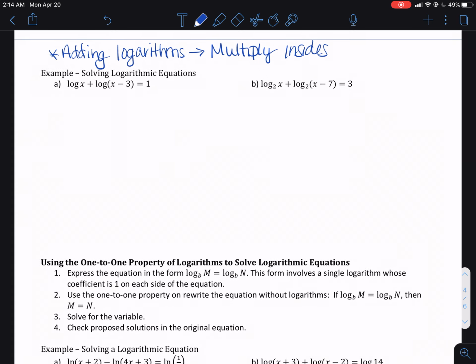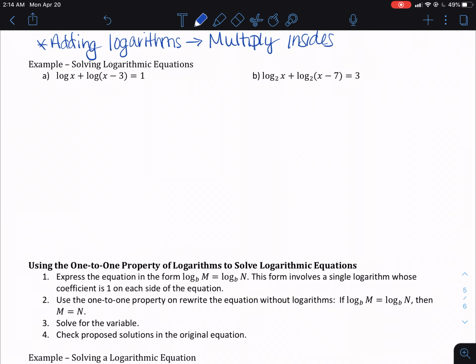So if we have log of x plus log of x minus 3 equals 1, we can rewrite this as log of x times x minus 3 equals 1. Remember, when there is no base here, it's a 10. So we can swoop that to the other side. If we distribute, we have x squared minus 3x equals 10.